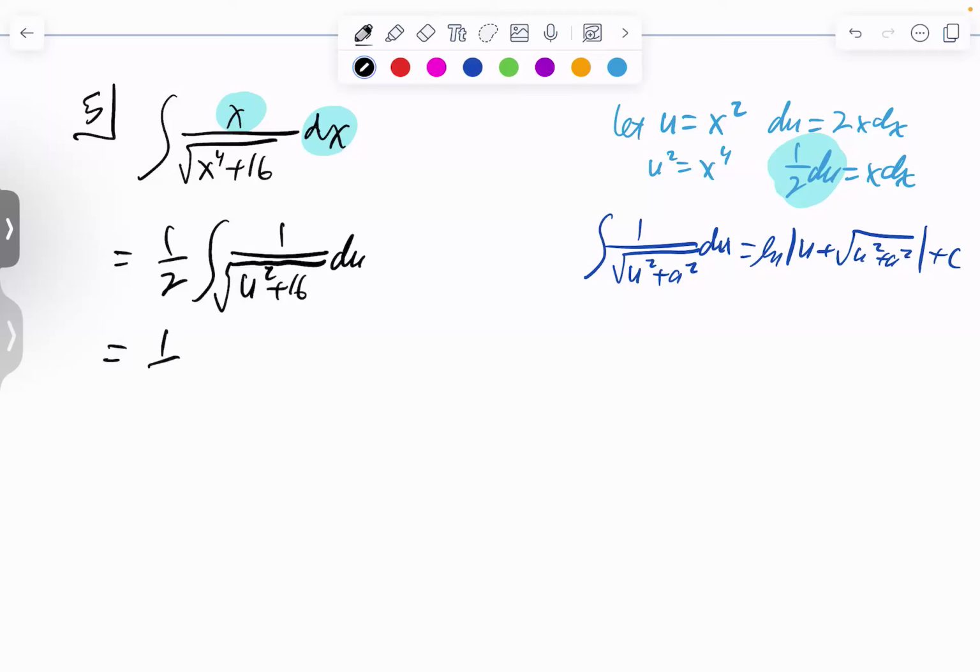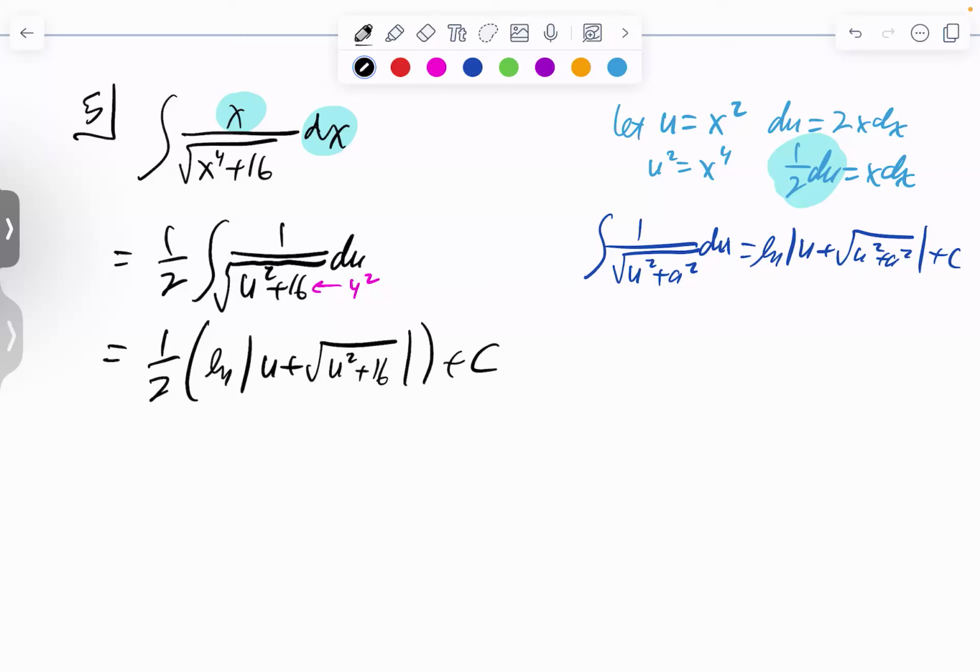So this becomes 1/2, and this becomes the natural log of u plus the square root. Now, I want to point out that 16 is 4 squared, so a in this case is actually 4. So this becomes u squared plus 16, plus c.